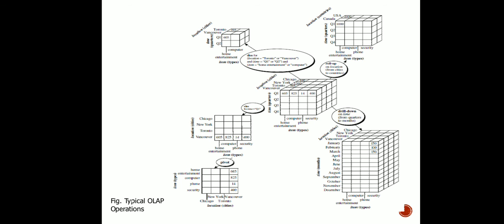So in the 4 cities, if you check it with the original cuboid, for home entertainment, my Vancouver and these 4 cities, it had these 4 values, that is 605, 825, 14 and 400. So you can check it off with this. 605 was for home entertainment, then computer was 825, phone 14, and security 400. And it is meant for these 4 cities.